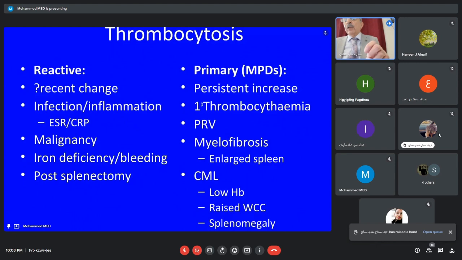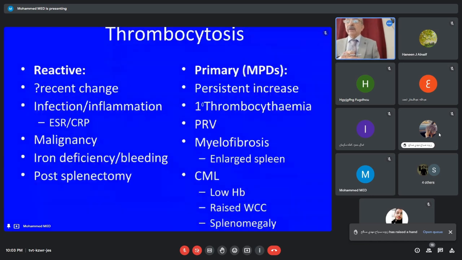Thrombocytosis, yes. ITP is much more common than thrombocytosis. ITP is low platelets. This one is high platelets, okay? And this could be primary or it could be reactive. Reactive, we have said this: infection, inflammation, and in this case, you'll find that the ESR and CRP, C-reactive protein, are high.